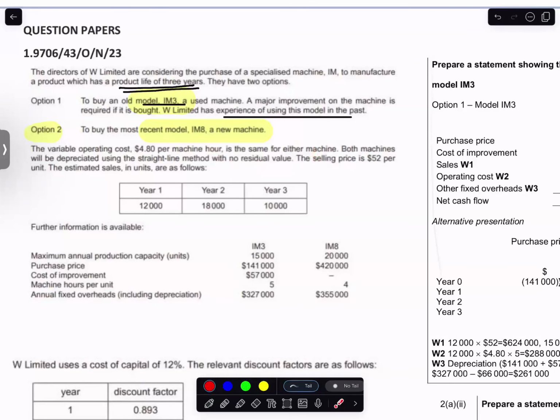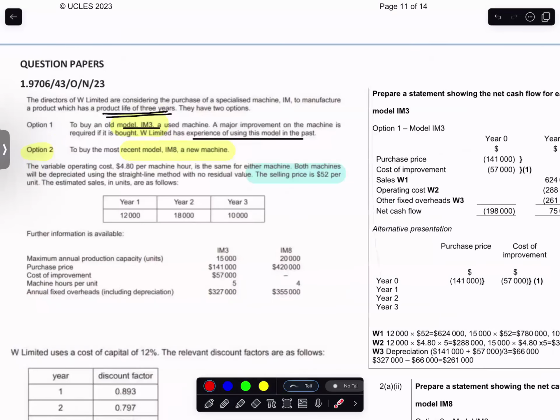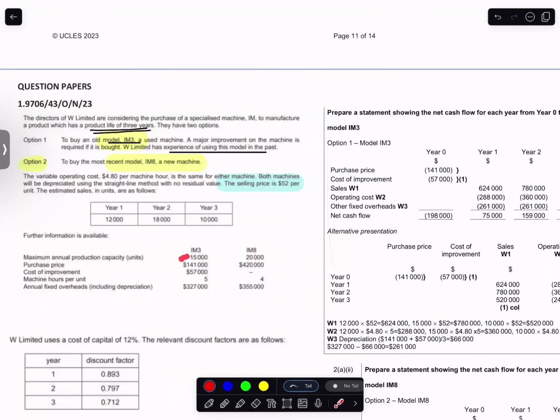Both machines will be depreciated using the straight line method with no residual value. The selling price is $52 per unit. The estimated sales in units are as follows. So they've given that for each year, and the further information has the annual production capacity, purchase price, cost of improvement, and annual fixed overheads.